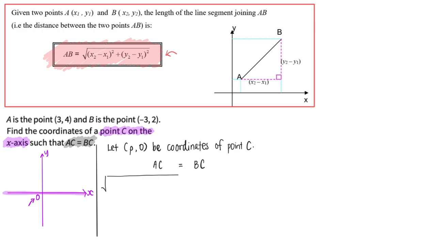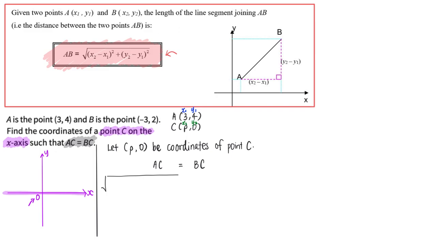So for point A and C, for convenience sake, I'm going to just write it down here. A is 3, 4. C is P, 0, so that I could have my x1, y1, x2, y2, and when I substitute into the formula, I will get my AC.